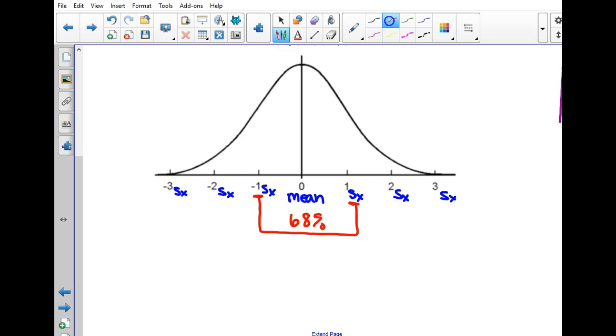Yes, question? And is that for all things? For all normal distributions, if I would plot the heights of women, 68% of women are between 1 standard deviation below the mean and 1 standard deviation above the mean. The heights of men, so on and so forth. Do you know how they say your average temperature is 98.6, right?